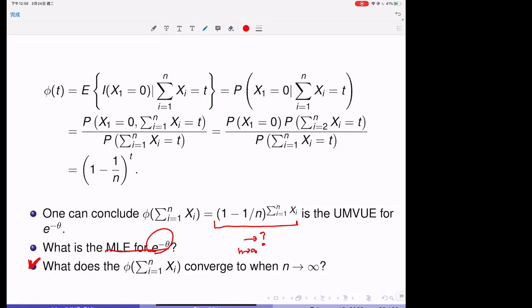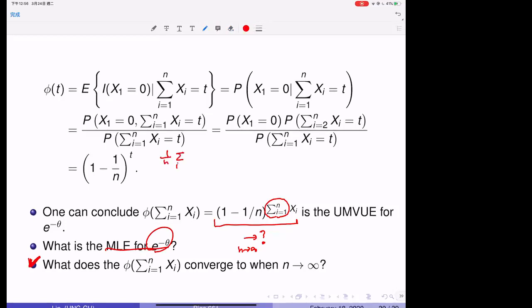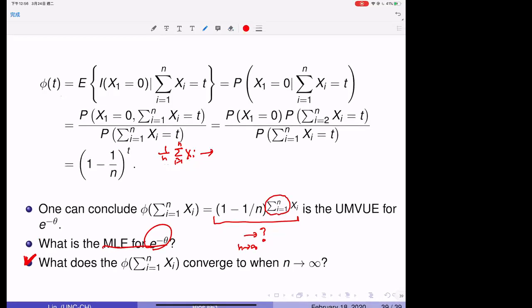Again, like I said, the summation from i equals 1 to n is your friend. I know that 1 over n times the summation from i equals 1 to n of xi goes to what? Think about it. Most of you know it goes in probability to E of X1, using nothing but the weak law of large numbers. E of X1 for Poisson is theta.